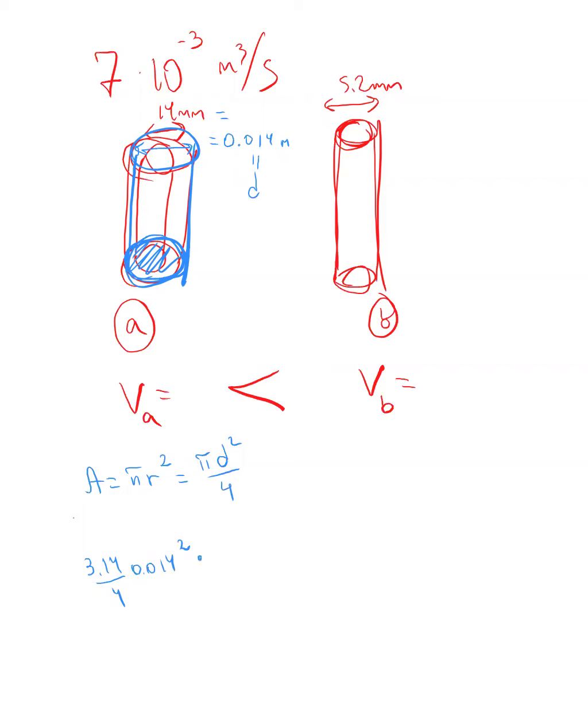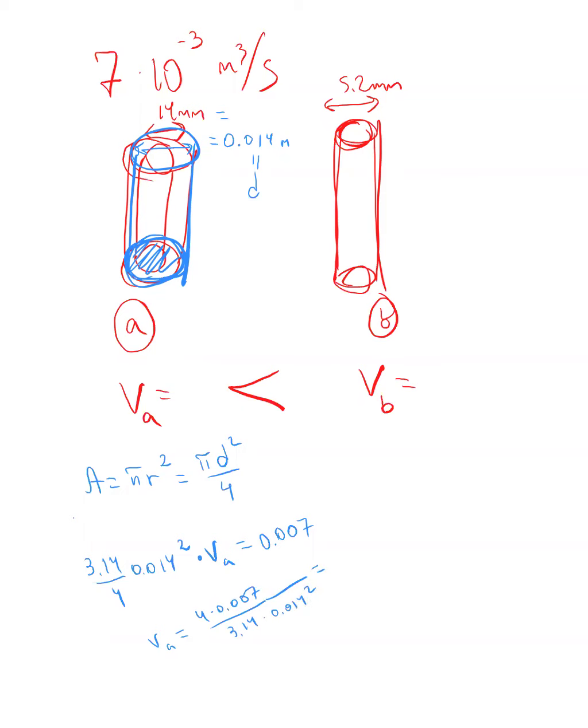I don't know the velocity. Velocity is unknown, VA, but I know that the total flow is 7 times 10 to the minus 3 cubic meters per second, so 0.007. And from here, my VA is equal to 4 times 0.007 divided by 3.14 divided by 0.014 squared.